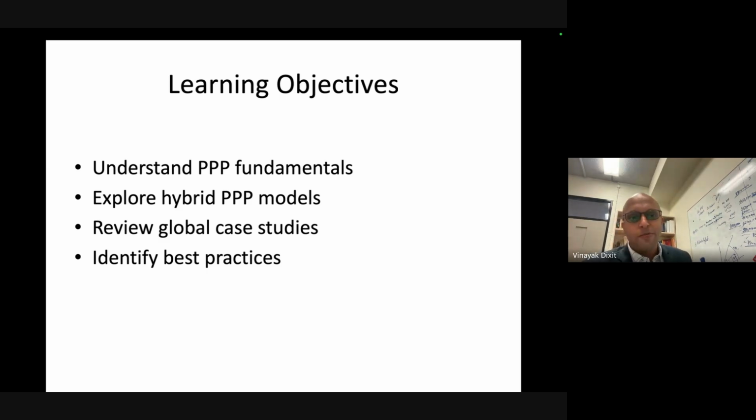Every region has its own best practice, because they have different risk appetite and different capital flow situations. There are a lot of differences in different regions. Just because hybrid annuity models, a type of PPP model, work in India doesn't mean it will work in Indonesia. That is fundamentally what I would like us to talk about. Any questions?